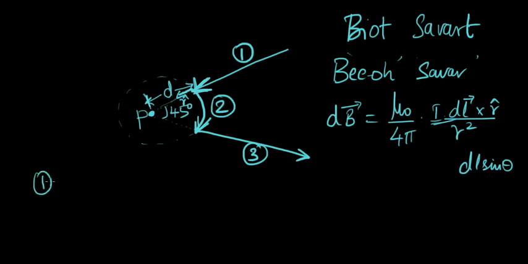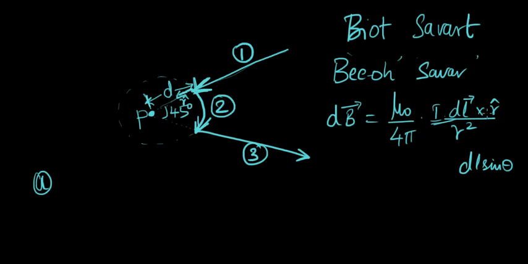So the first part we need to find is the magnetic field at point P caused due to conductor 1. If we look at it and refer back to this formula, conductor 1 is this, and r cap vector is here, right?